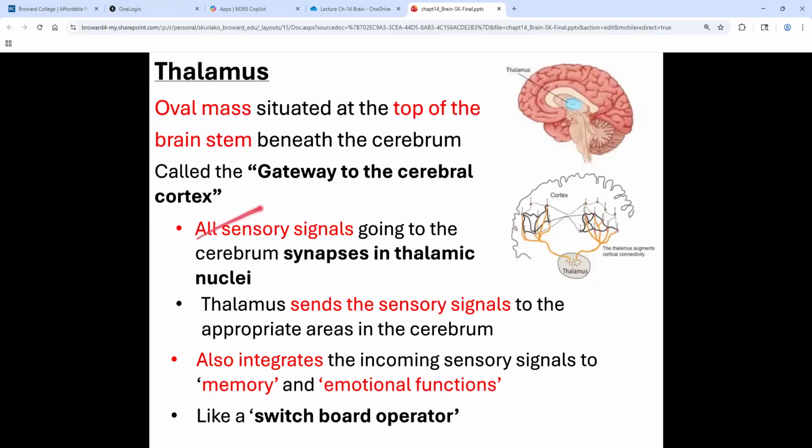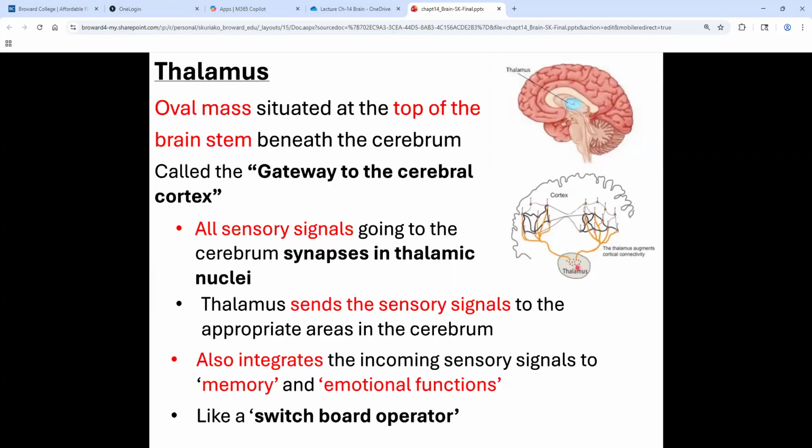Thalamus is the topmost part of it, and this blue area is the thalamus. You can see that in the sheep brain also. And this is actually called the gateway to the cerebral cortex. All the sensory signals going to the cerebrum will have a synapse here in the thalamus.